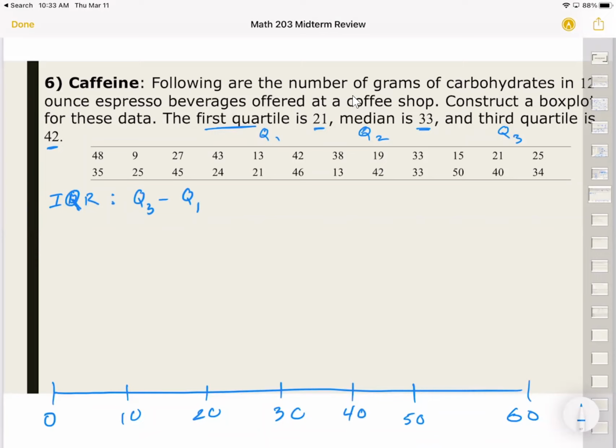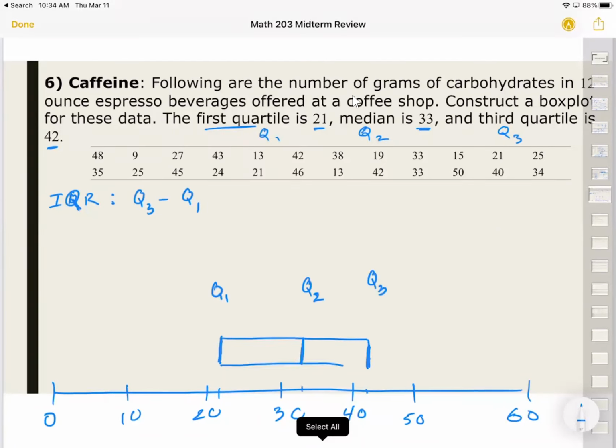Reminder, this is your Q1. Your Q1 is 21, which is somewhere here, right? Your Q2 is 33, right here. And your Q3 is 42, somewhere here.